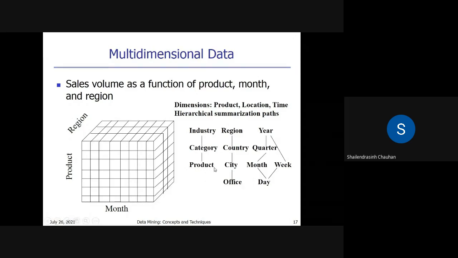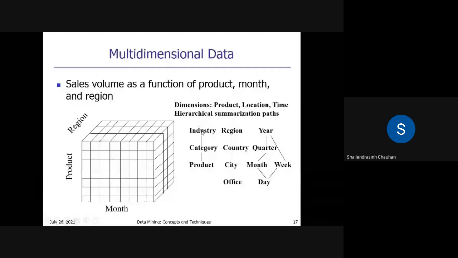All products may belong to different categories, like electronic products, home appliances, clothes, stationery. So products can be categorized with respect to different categories, and it may be possible that those categories also belong to some industry.